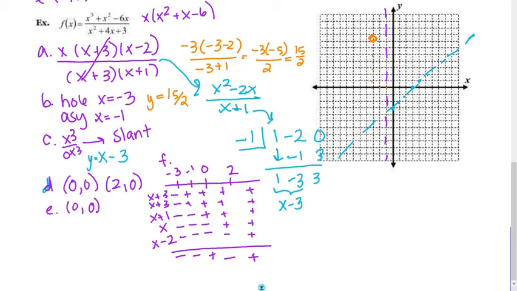So it looks like between, I wonder if I should have gotten, this doesn't look right, where my hole is, because between negative 3 and negative 1, I should be negative. Because this one should be 0, 0, 2, 0.